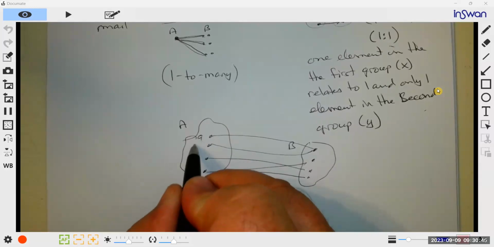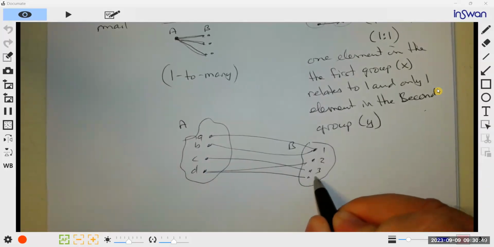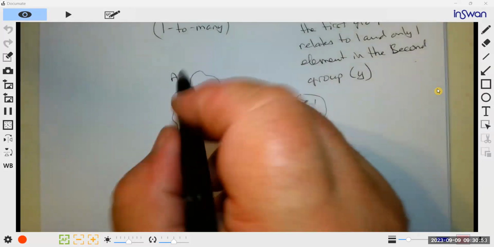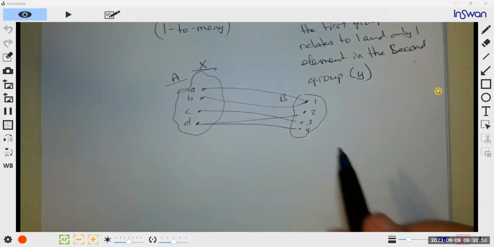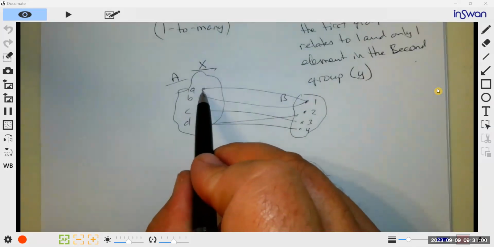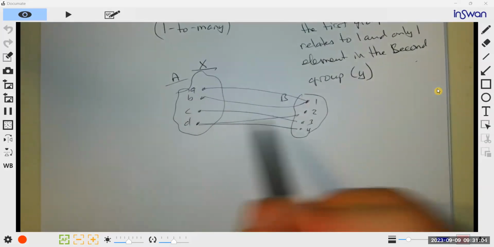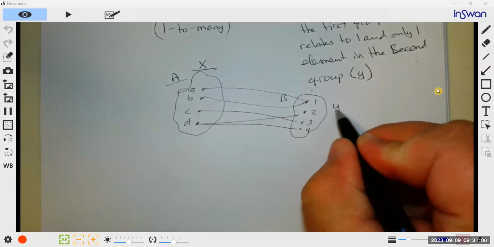So this is A, B, C, D. 1, 2, 3, 4. Now, in set A, these are my X's. Does element A have a relationship or a correspondence with any member over here, in the second group, which is the Y group?